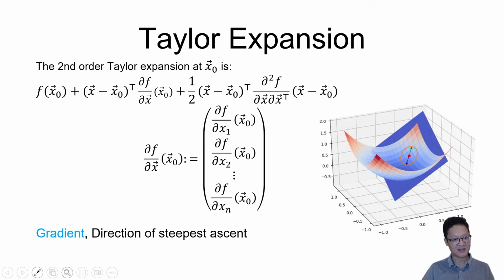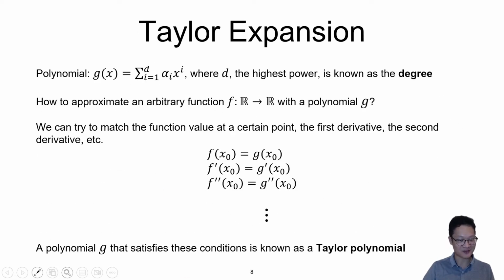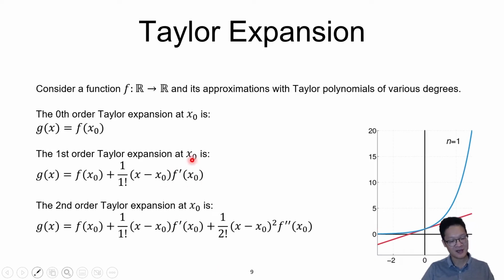Okay, so now looking at it a little bit closer, I mentioned that this term, partial f partial x, that's the gradient. So the gradient is actually just a vector of all the partial derivatives of f with respect to all the components of x. Previously for the scalar case, we just had the first derivative.